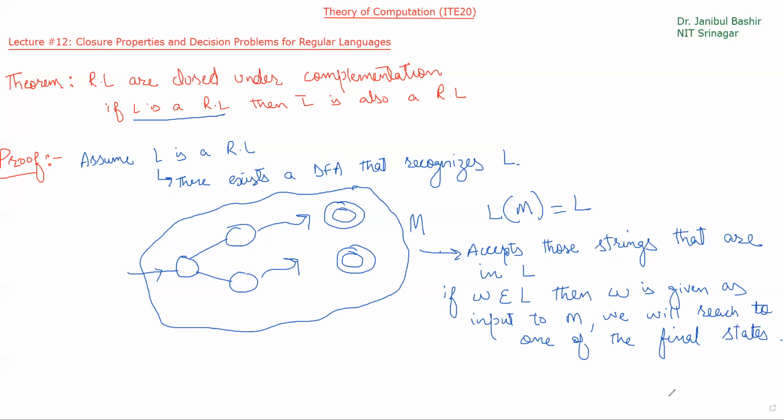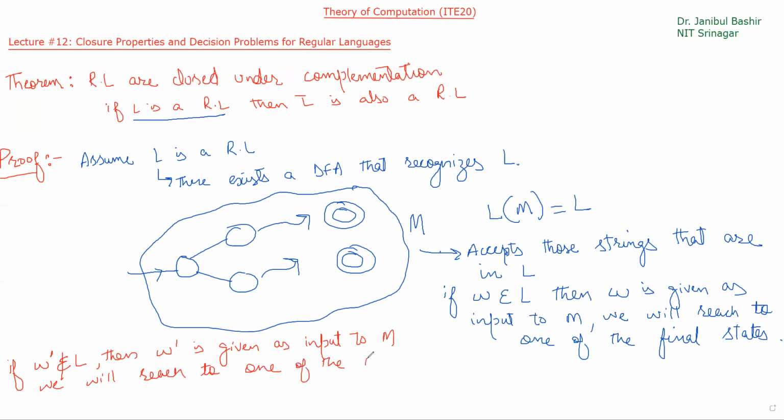Fine. Now if we have a string W dash and this W dash doesn't belong to L, then when this W dash is given as input to M, we will reach one of the non-final states.